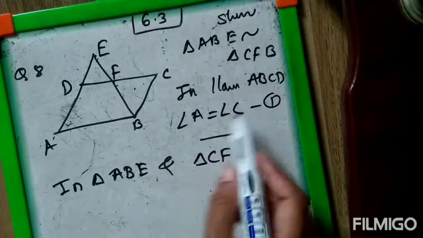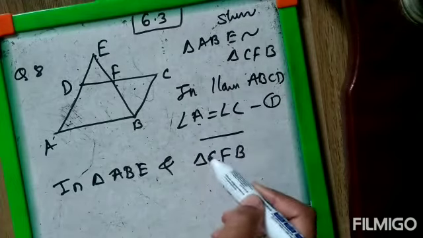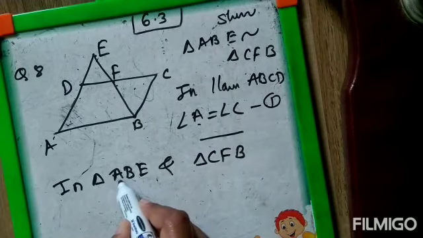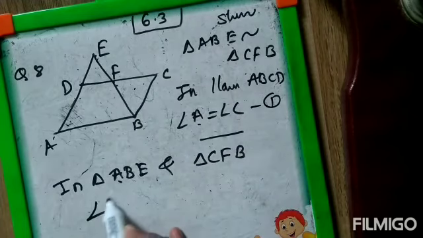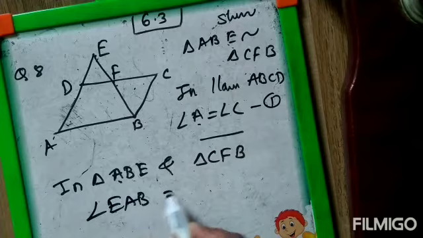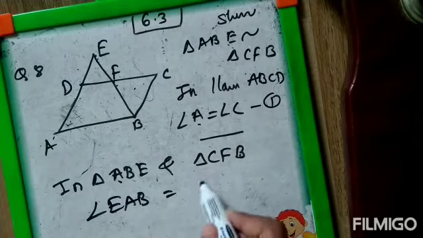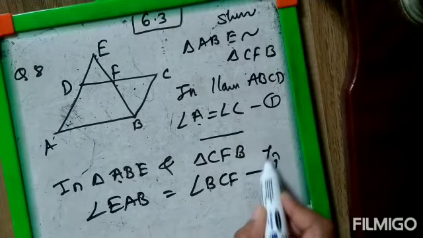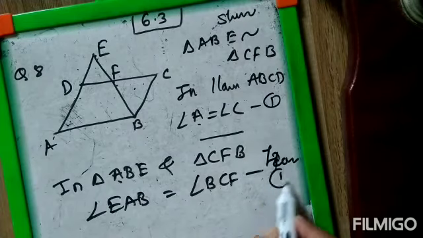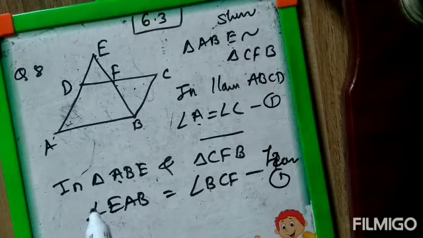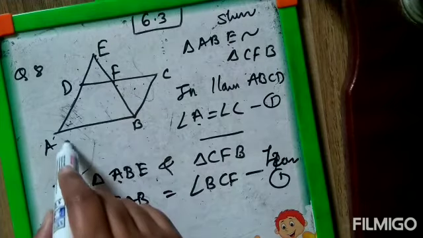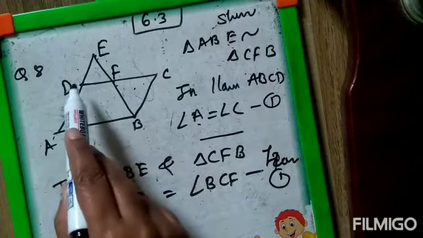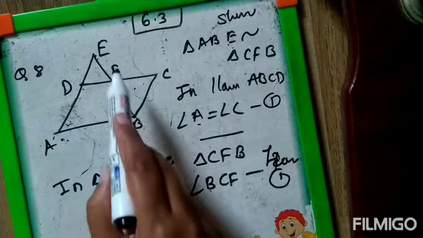From equation 1, angle A, this angle EAB, is equal to angle C, that is BCF. This angle EAB we can write as DAB.